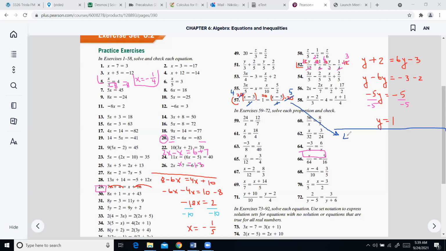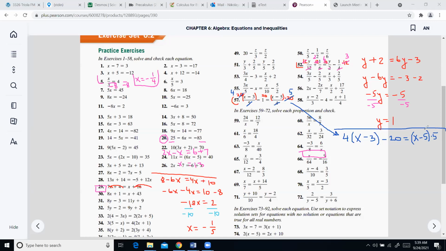So 4 is left, right? So I just copy everything that I have, and it's multiplied by x minus 3. No more denominator. Minus 1 times 20 is minus 20. Then I put equal sign, and then x minus 5 is multiplied by 5. One will say, Alex, why did you put parentheses in here?